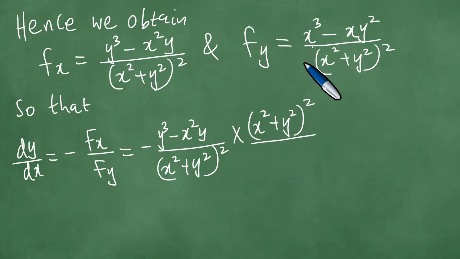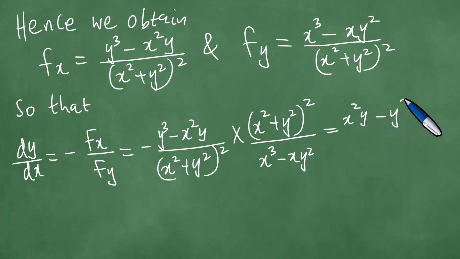So you flip the f sub y around, and if you flip it, this is what you get. Now, this cancels this, giving us, multiplied through by the negative, x squared y minus y cubed divided by x cubed minus xy squared.